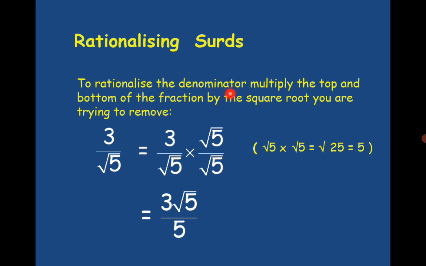So to rationalize the denominator, multiply the top and the bottom of the fraction by the square root you are trying to remove. Don't cancel these two, because you go back to this one. So root 5 has given us a 5 without a root sign. So what we've done here is called rationalizing surds or denominator.